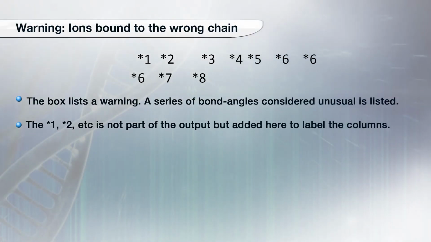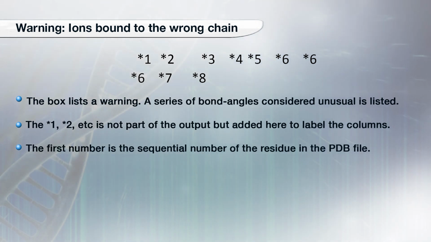What it is interpreting is that the box lists different warnings, and a series of bond angles considered unusual is listed. The table, as we already saw before, with star 1, star 2, star 3 will also be reported, and is not part of the output but added here to label the columns.